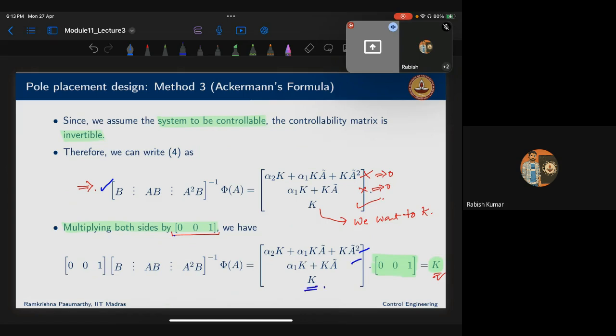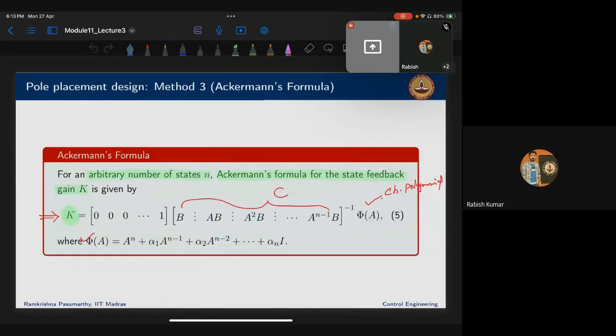Then finally we can write K as 0, 0, 1, the controllability matrix inverse, and pi of A, which is the characteristic polynomial of the A matrix. That is the direct equation. This we call the Ackermann formula.